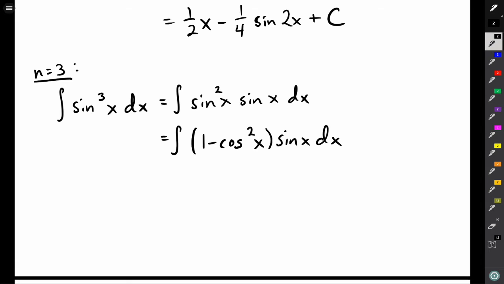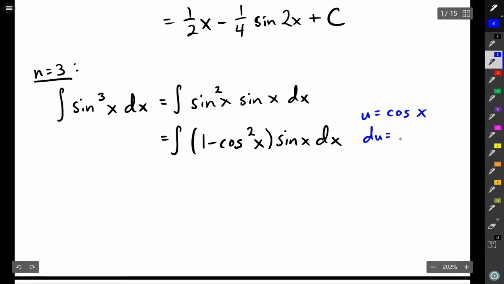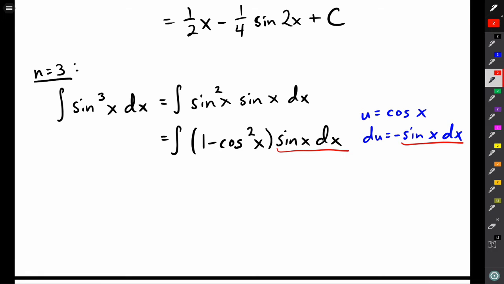Now, what's the benefit in doing this? Well, the benefit in doing this is we can now make a u substitution. If we do the substitution u equals cosine of x, then du is negative sine of x dx. And look what happens. We have that sine x there. We have that sine x there.